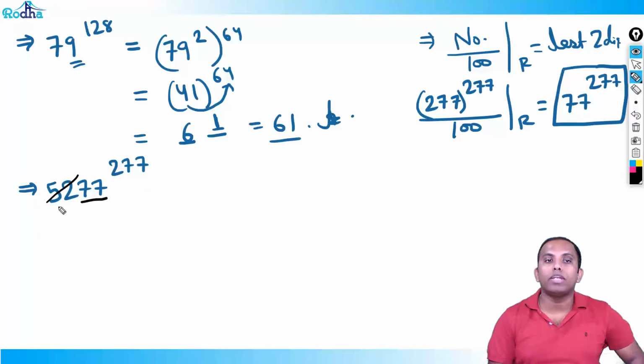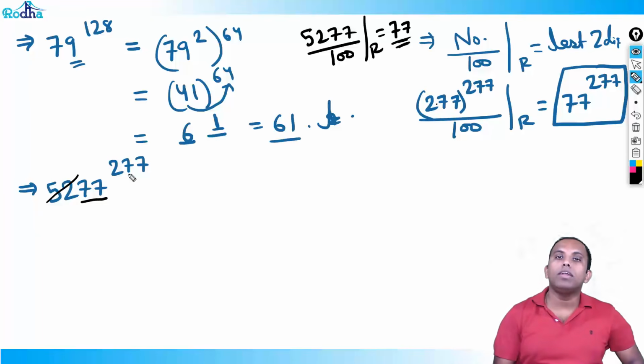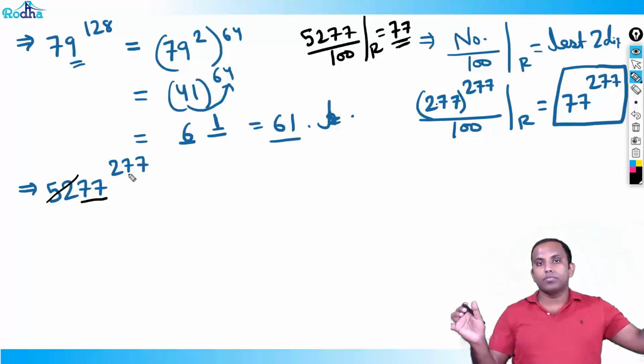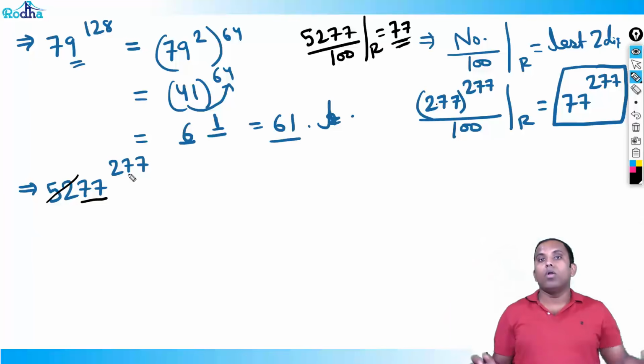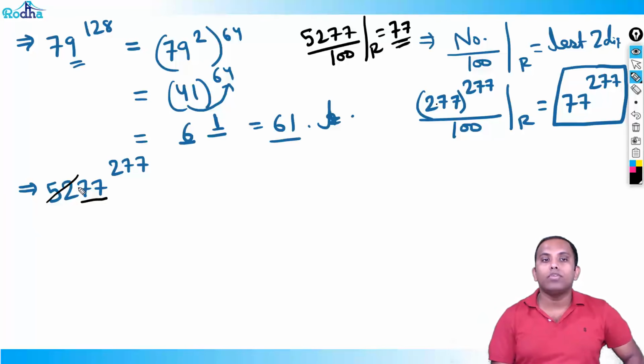Last two only. 5277 divided by 100, what is the remainder? 77. That's it. 277 by 100, what is the remainder? 77. Every time 77 only. So divide by 100, it doesn't matter what is the length of the number. What I'm left with is only the last two digits.